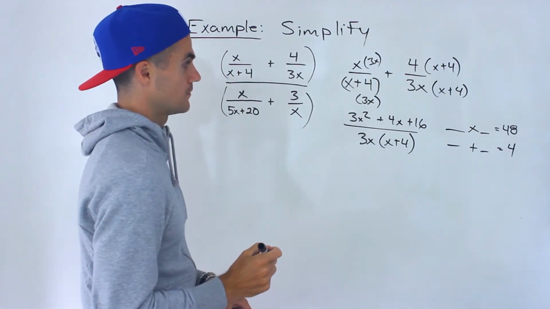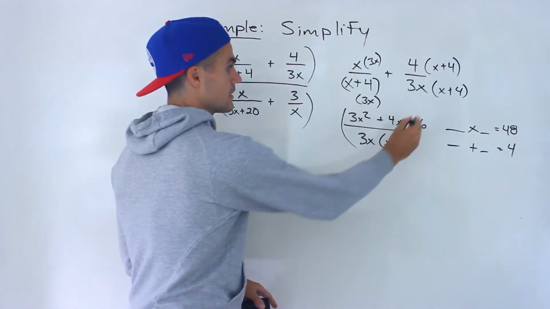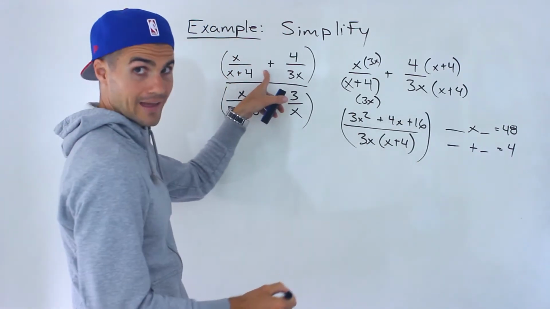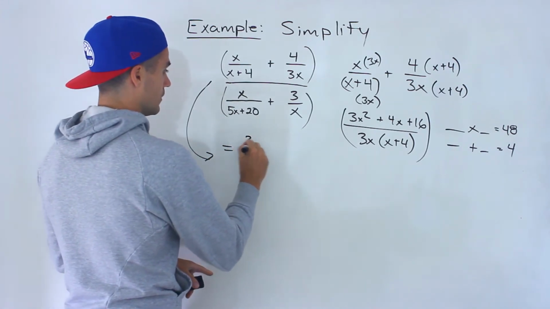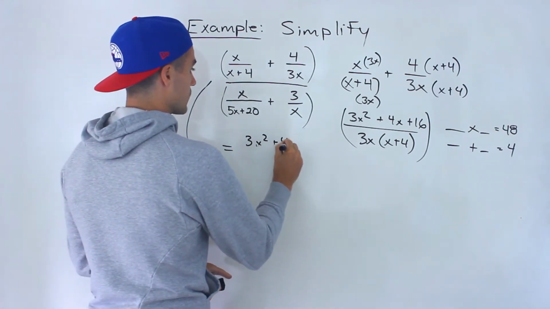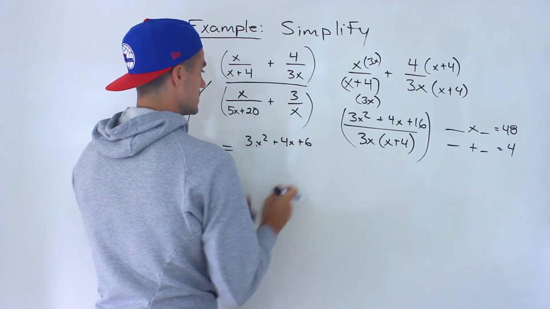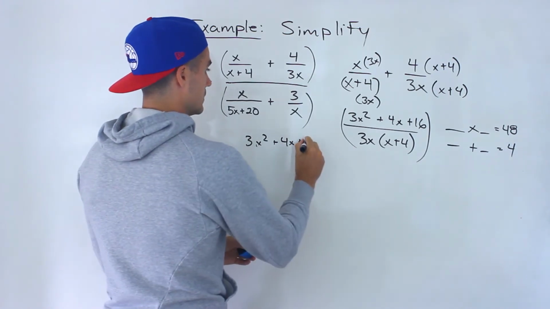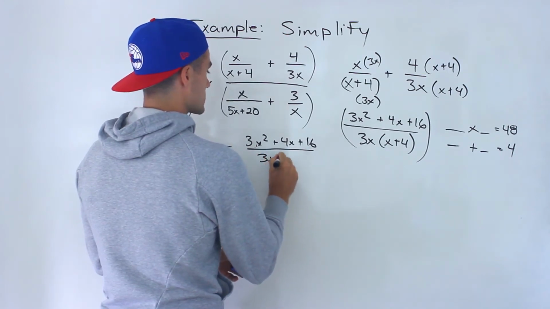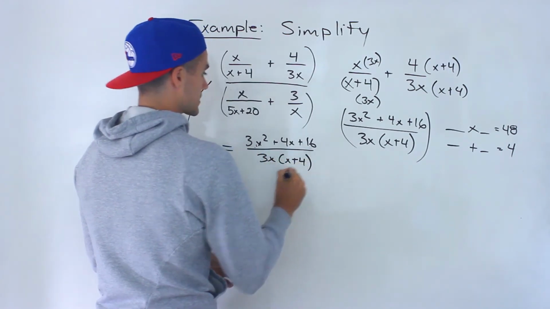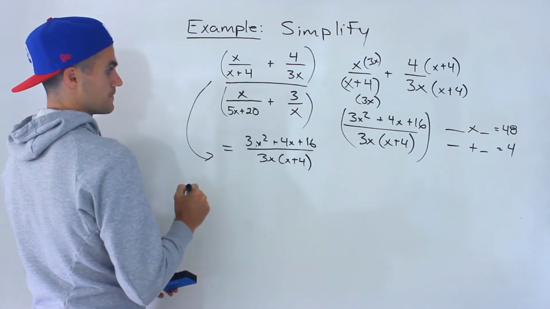That's not going to factor further. So this ends up being that numerator. We're going to have 3x squared plus 4x plus 16 over 3x times x plus 4, like that.